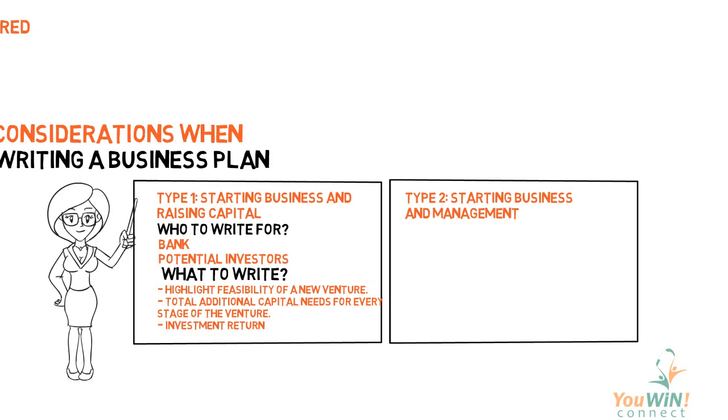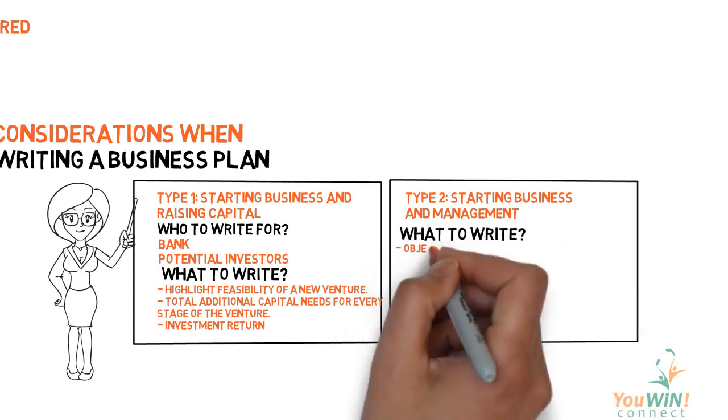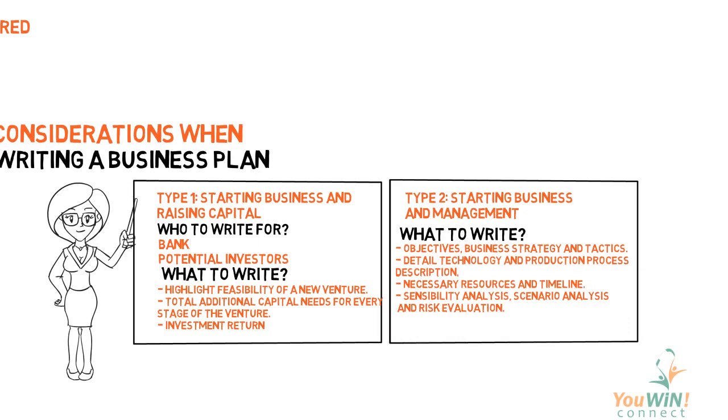Writers need to concentrate on information and specific solutions for the common activities of the company. So in this, you show the objectives, business strategy, and the taxes. Of course, you will give detailed technology and a description of the production process when you're writing this.